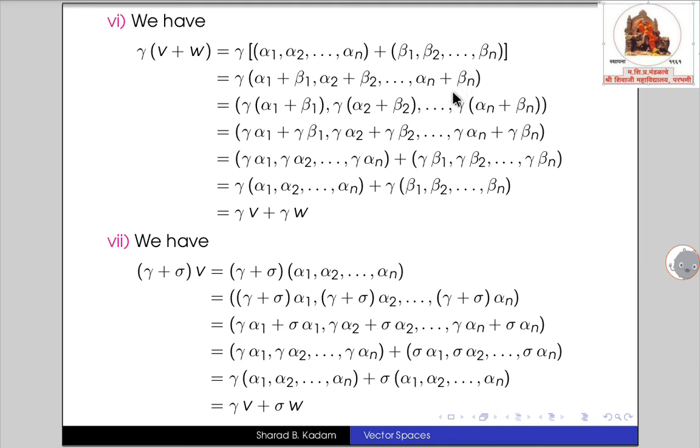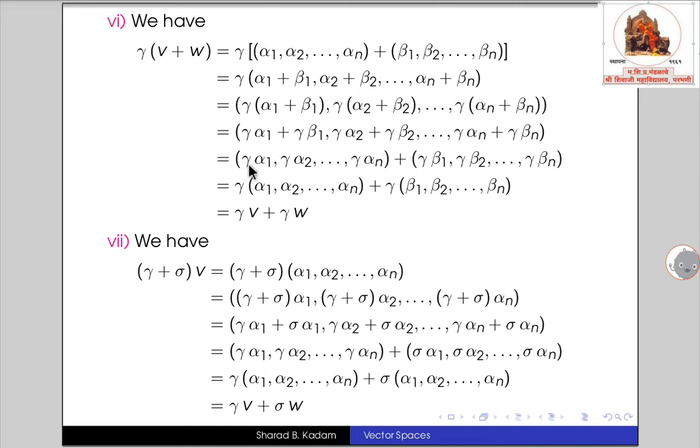That means they are elements of the field F, and we know that field F satisfies the distributive law. So by the distributive law we have this first component equals γα1 + γβ1. This second component equals γα2 + γβ2. This nth component equals γαn + γβn.